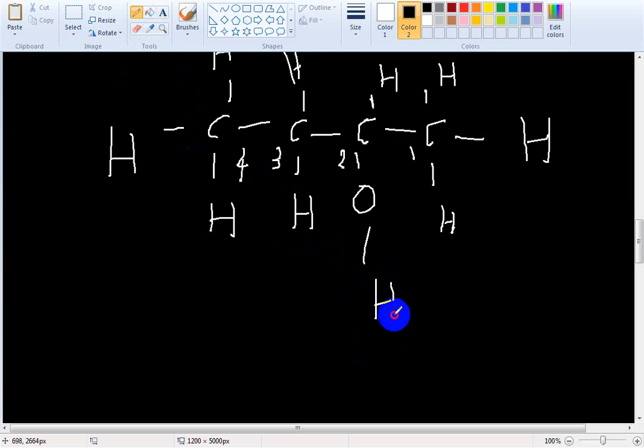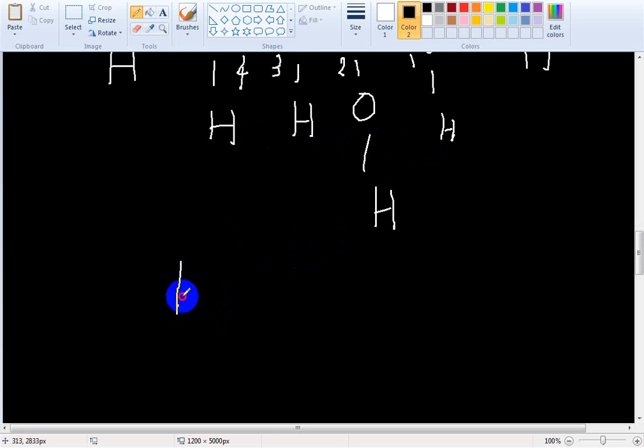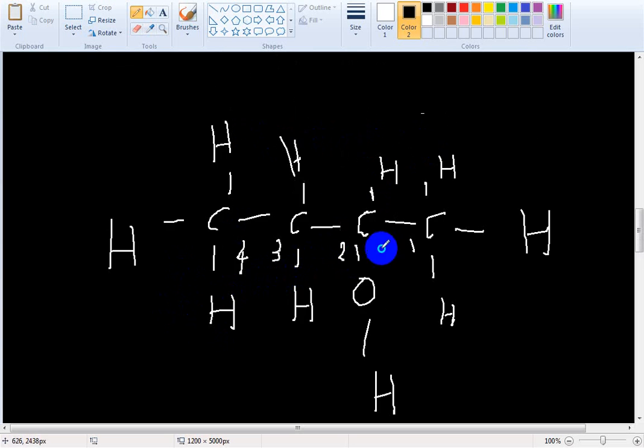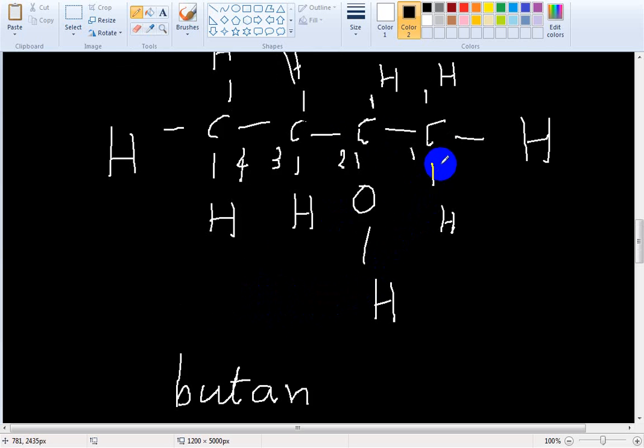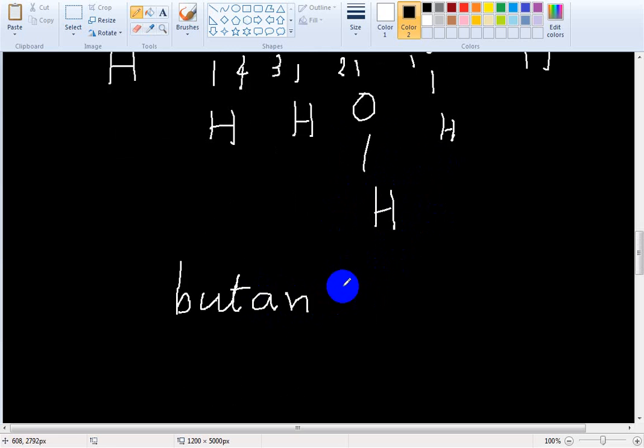So what will be the name of this compound? 1 2 3 4, how many carbon in a chain? 1 2 3 4. Saturated, an. Position of hydroxyl group is 2. Butan-2-ol.